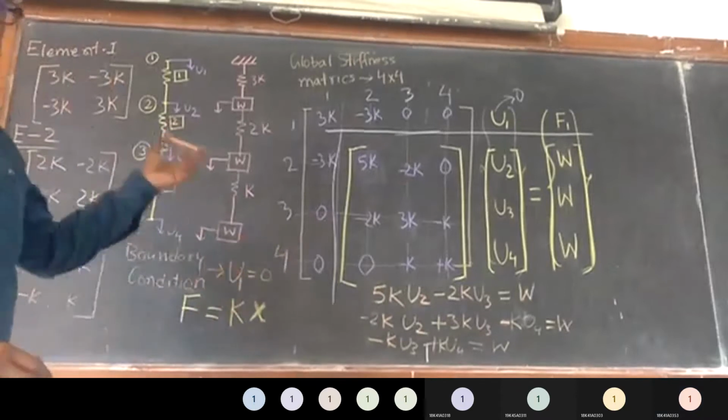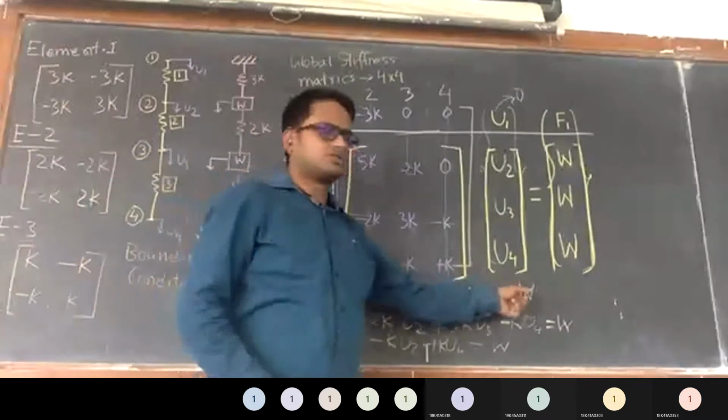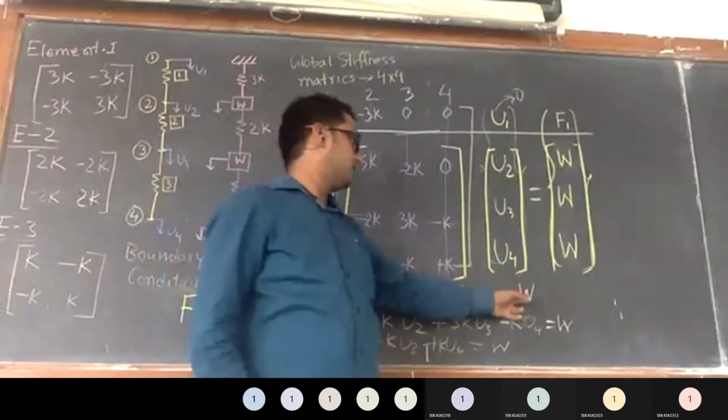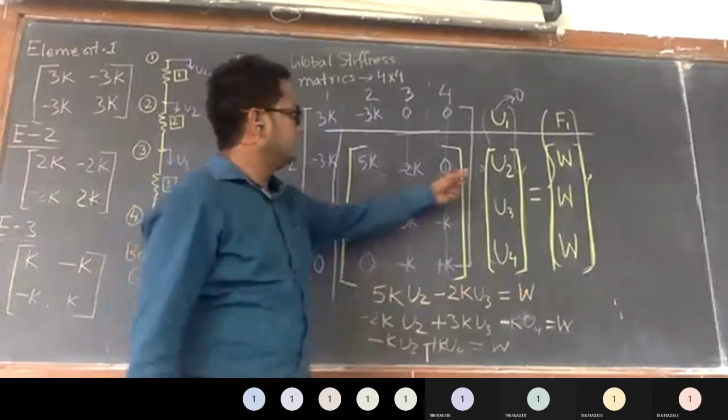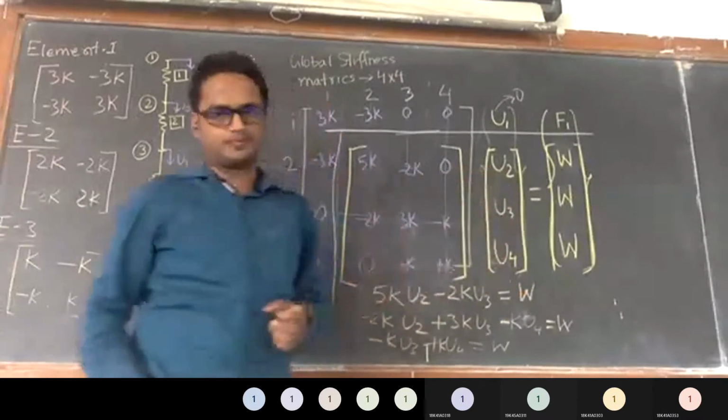Three unknowns, three equations. Here k and W are constants. Don't take them as variables. Variables are only u2, u3 and u4.